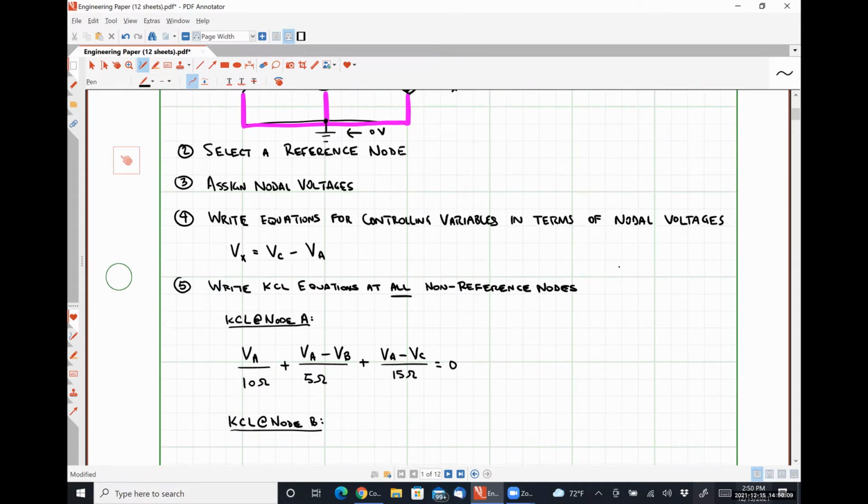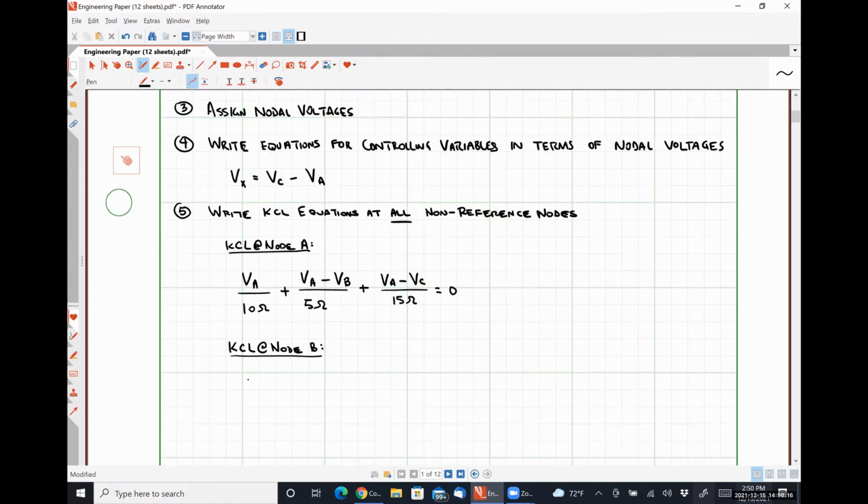Skylar, could you help me with my KCL at node B equation, please, now? VB minus VA over 5 ohms, so that's the current flowing to the left, minus 2 amps, so we get a negative sign because the current we're looking for is opposite the direction that the current source is supplying.